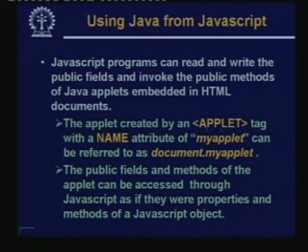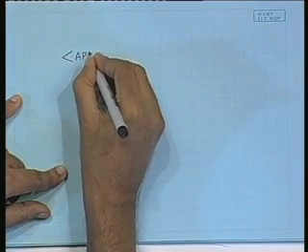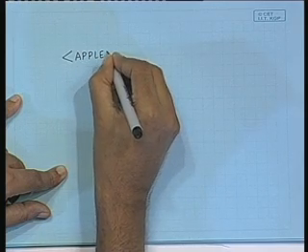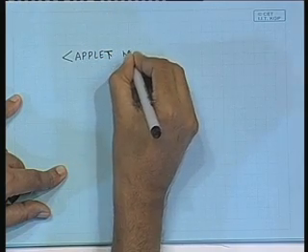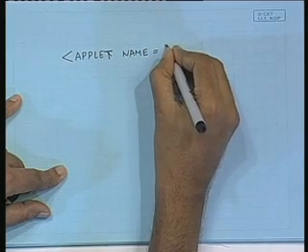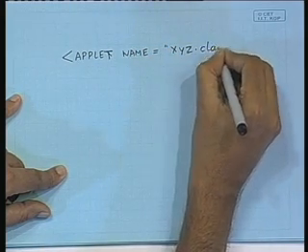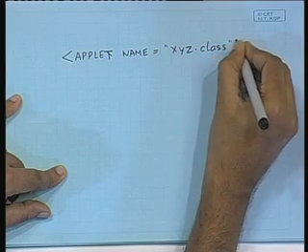An applet in Java is created by using an applet tag in HTML. The applet tag contains a name attribute which specifies the name of an applet. So, when we specify a Java program inside an HTML document, we write like this: applet name equal to, we can give some name to the applet, xyz.class.